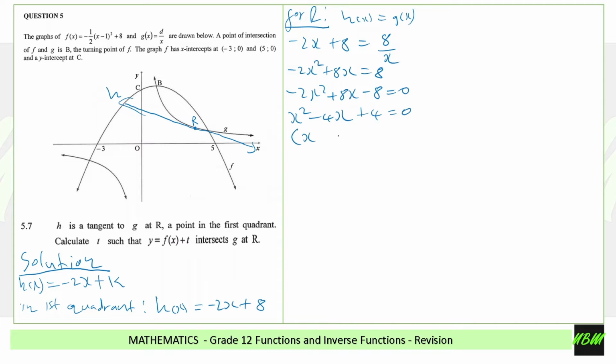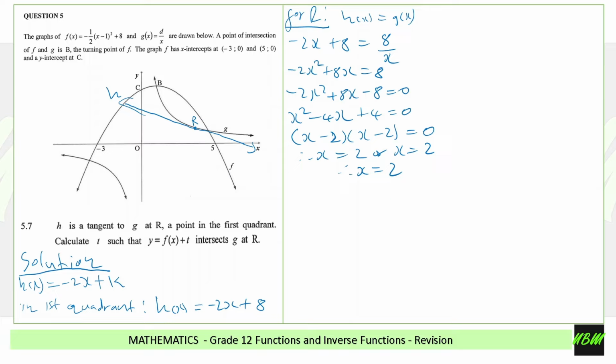Then we'll have x minus 2 multiplied by x minus 2 equals 0. Therefore, x is equal to 2. Therefore, we only have x equal to 2. This will be the x value of R.